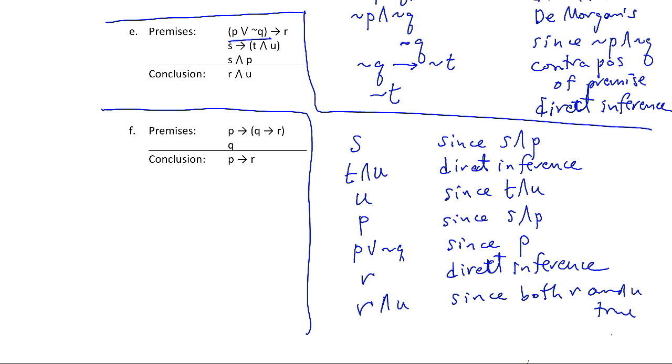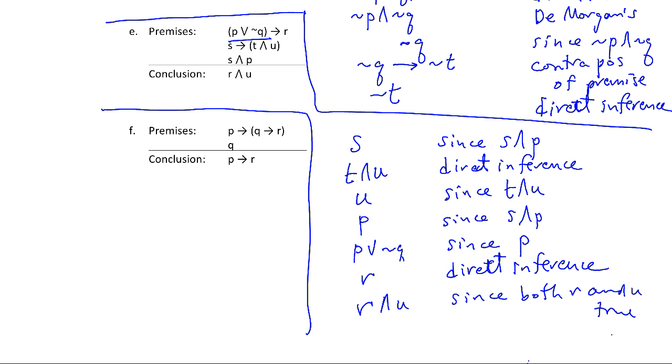Finally, part F, P implies Q implies R, and I have Q, and therefore P implies R. So it makes sense. If I assume that P is true, then I'm going to get Q implies R. Okay, I'm going to do a conditional proof on this. I need to prove if P then R. Therefore, I'm going to show that R is true on the condition that P is true.